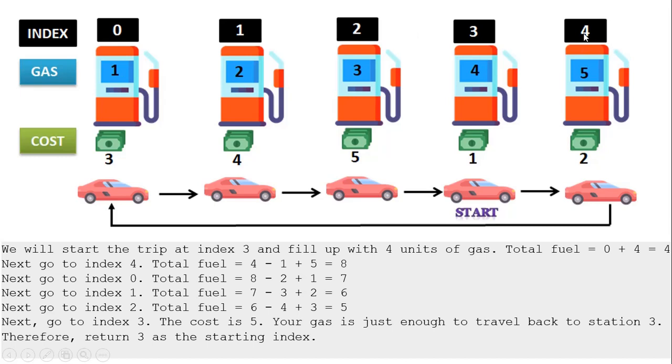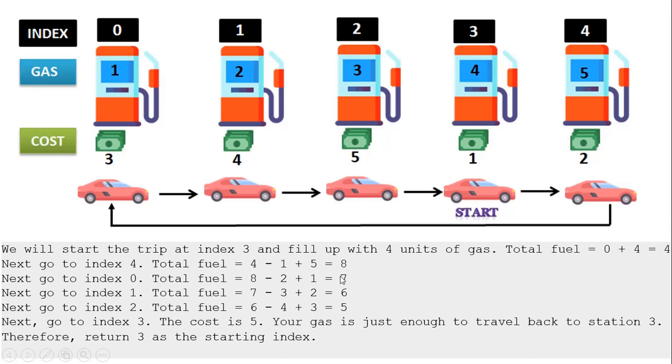So that means you have to move from the 4th index to the index 0. When you do so, the amount of gas consumed is 2. Hence, when you reach the first gas station, the amount of fuel available to you is 8 minus 2 plus 1, because 1 is the amount of fuel which you are refilling at the first station.